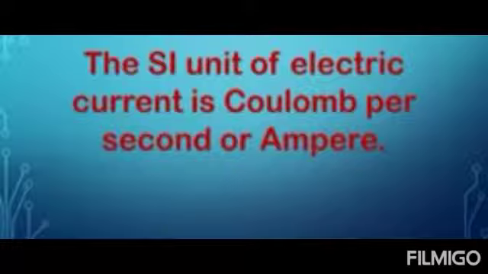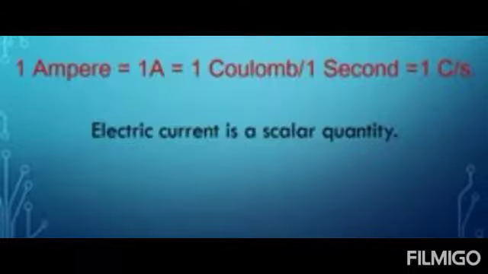You can see it is given: 1 ampere is equal to 1 coulomb per second. And electric current is a scalar quantity.